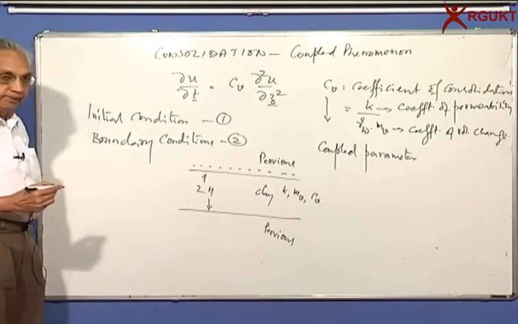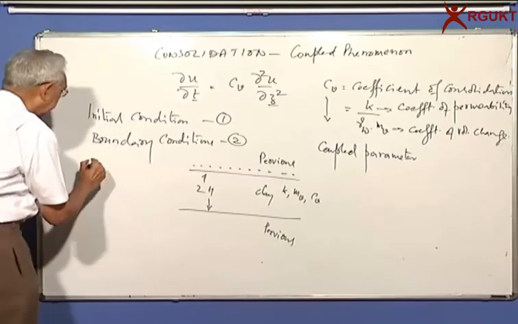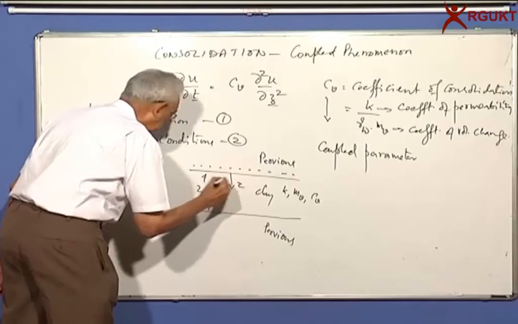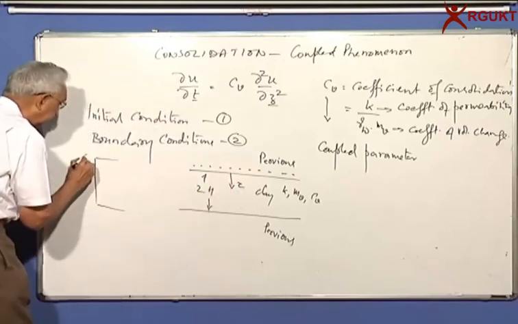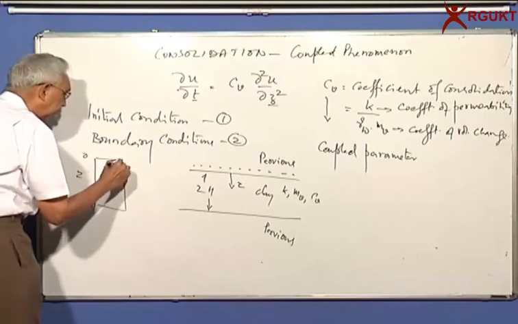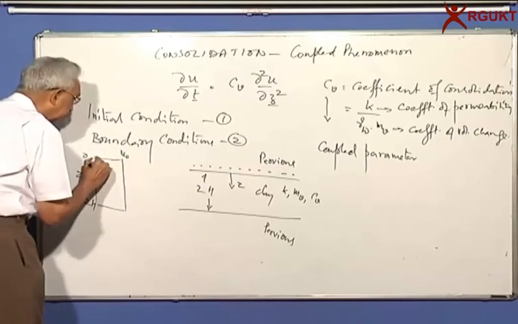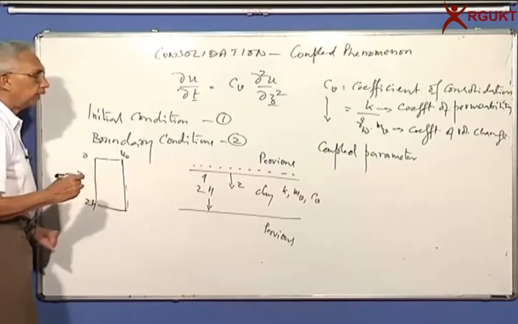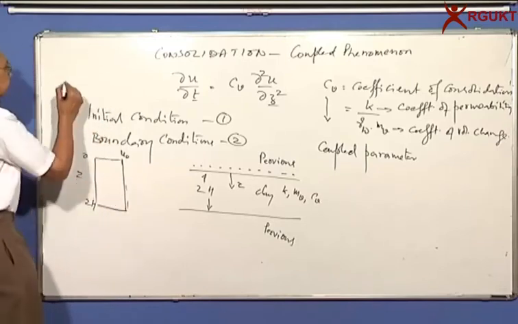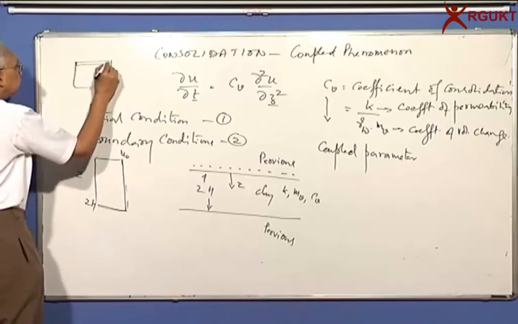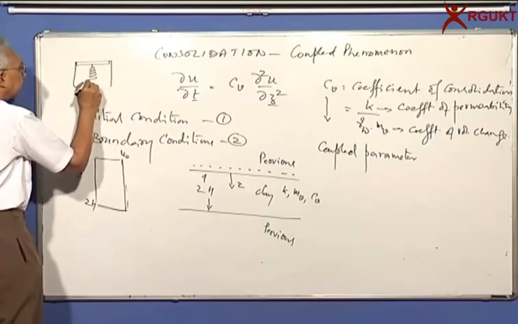At t is equal to 0, we set the pore pressure. If I plot, I am measuring z from the top. So if I plot z and 2h, you will realize that pore pressure is the same everywhere over the whole depth. How did we arrive at it? If you remember, we looked at the cylinder with a piston and we put a spring here.